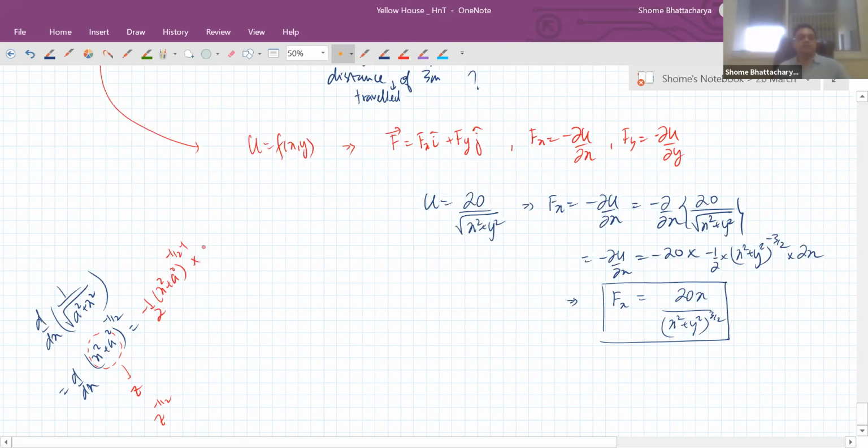So that is nothing but differentiation of x square plus a square. So that's how this becomes. So this is the differentiation of this term.